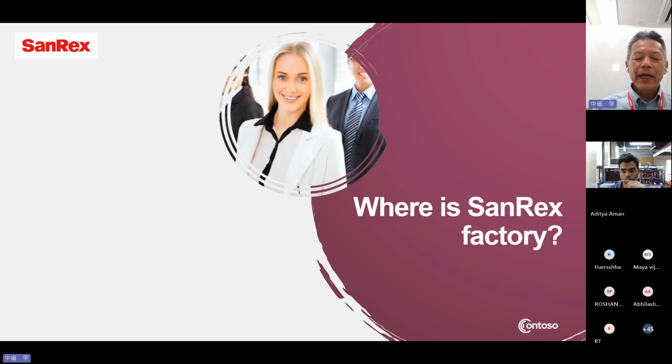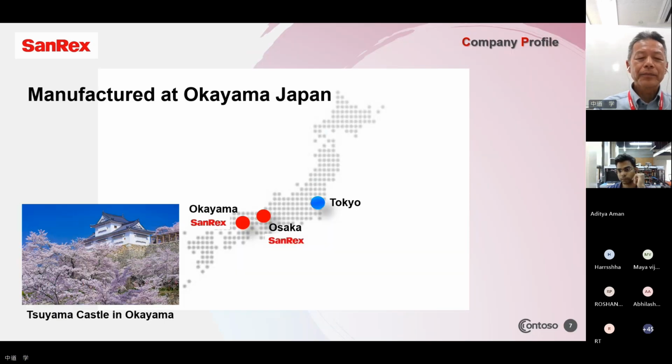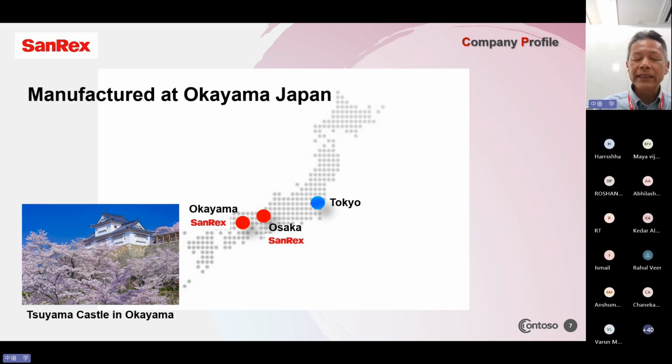Where is the SanRex factory? This is a map of Japan. We are on a small island. Actually, India is 9 times larger than Japan. I think you may know our capital, Tokyo, and Osaka, the third largest city in Japan. Our headquarters is located here in Osaka, and our semiconductor factory is in Okayama, in the western part of Japan.